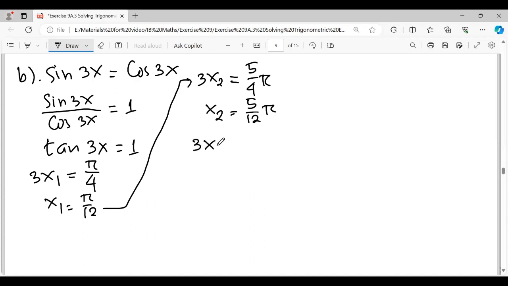And the third x, okay, it is 5 over 4 pi plus 2 pi, I mean, 9 over 4 pi. So the third x is 9 over 12 pi.